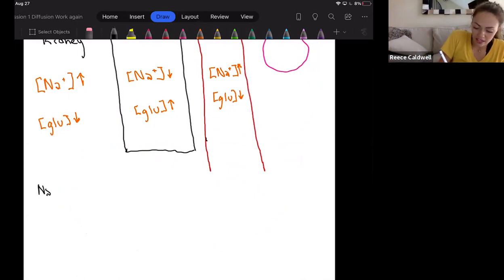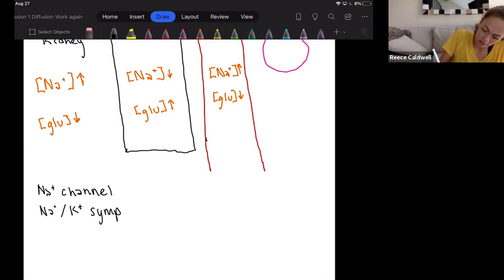We're going to use a sodium channel. We're going to use a sodium potassium symport. We will use a sodium, potassium, ATPase, and a GLUT carrier.